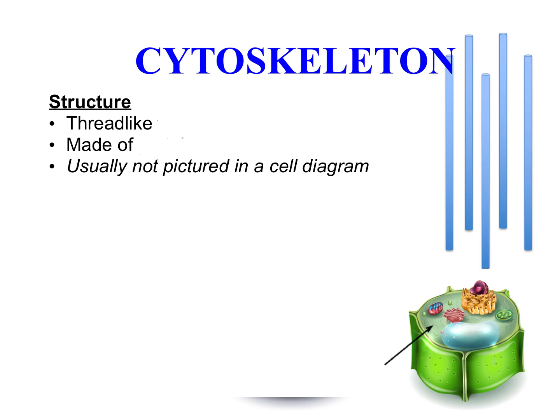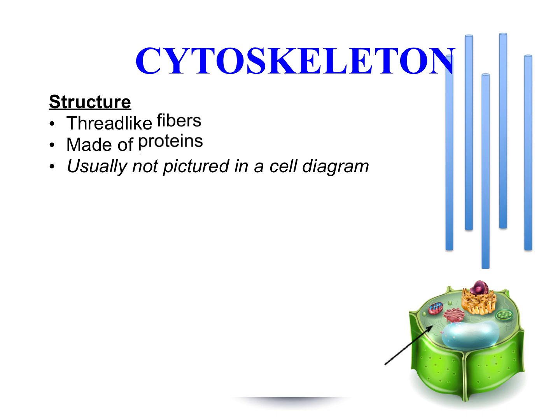All right, now we are on the cytoskeleton. And the cytoskeleton, if we look at its structure, is made of thread-like fibers, and these fibers are typically made of proteins. And if we look over here at one of our pictures, you can see they're pointing to these little tiny fibrous threads floating around, but usually they're so small that they're not going to be pictured in a cell diagram.